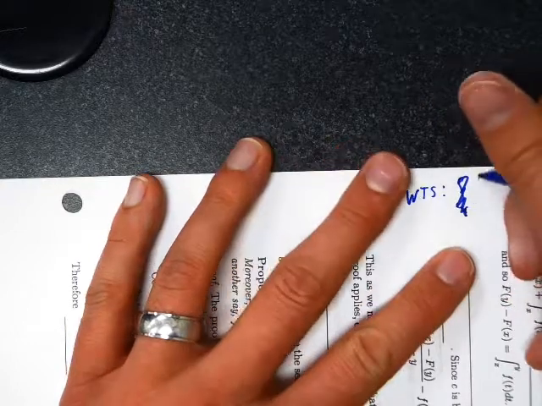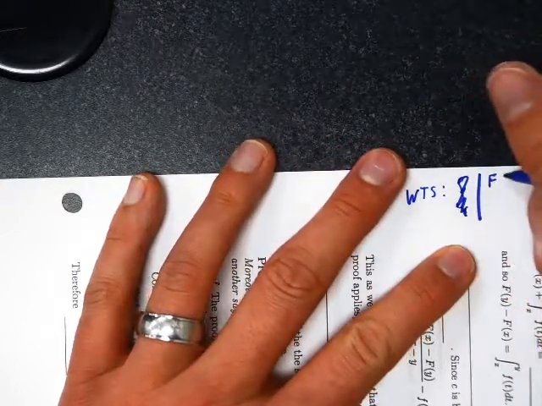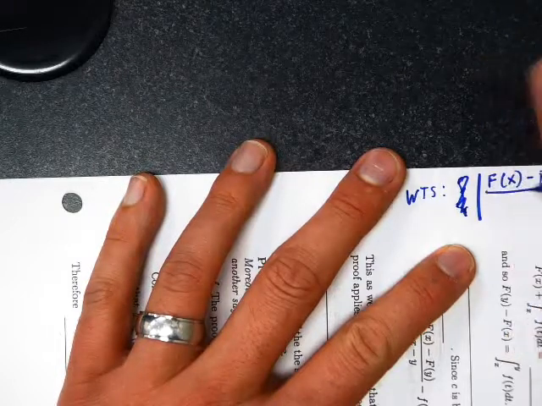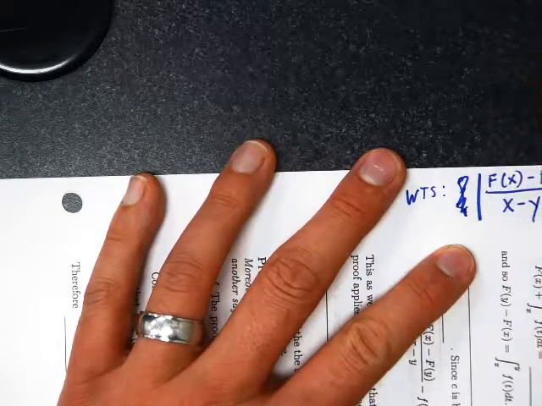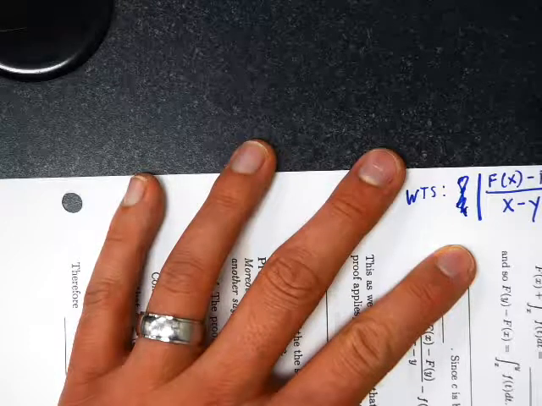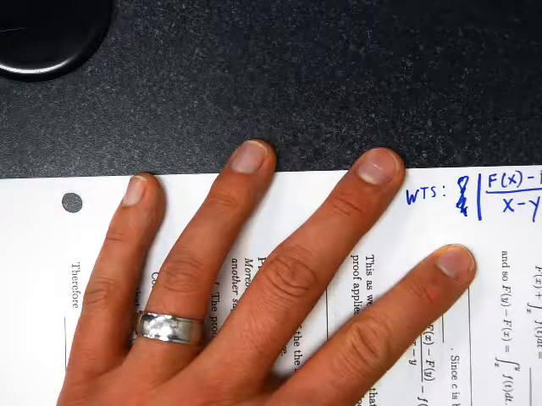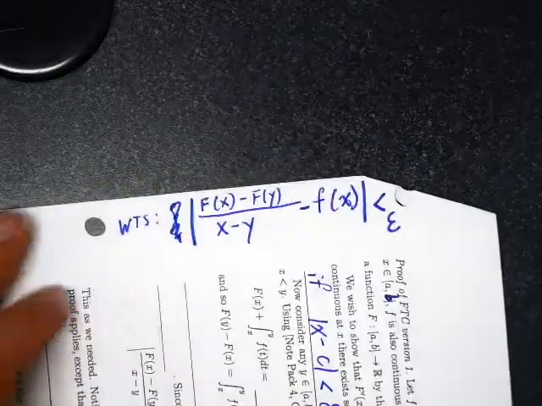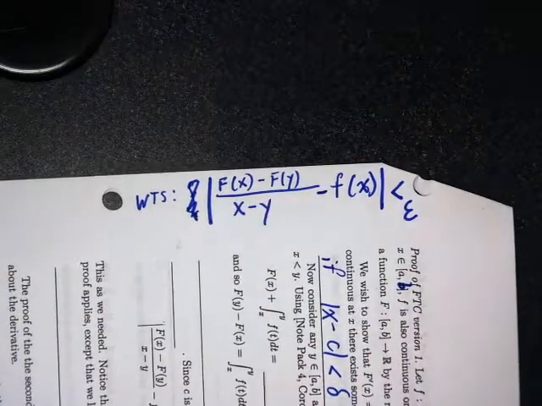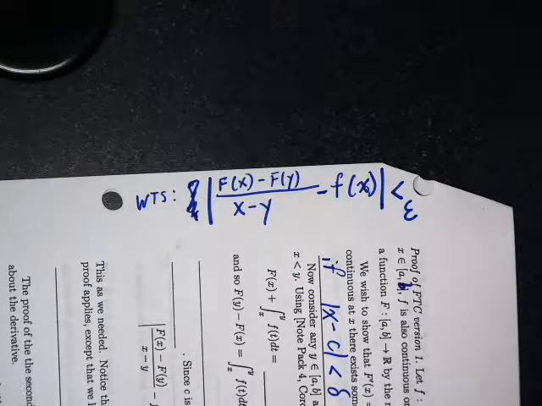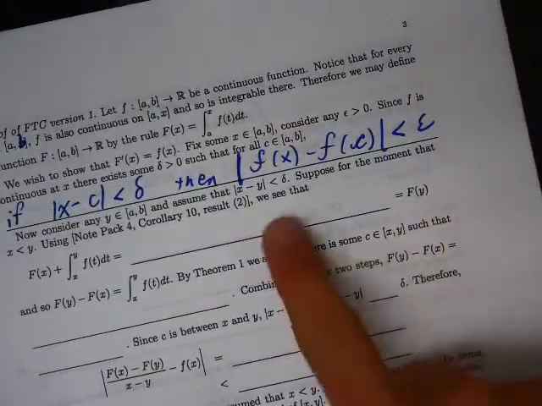I want the absolute value of f of x minus f of y all over x minus y, minus little f of x, to be close to 0. So I need that to be less than epsilon. That makes sense? Because that's the thing which I claim is the derivative, so let's just try to do it.